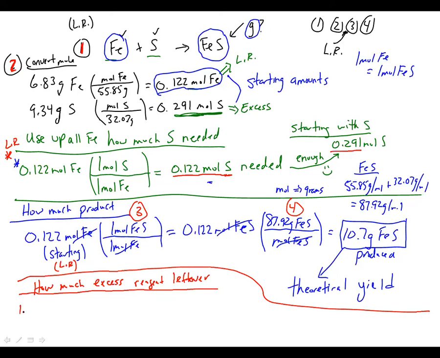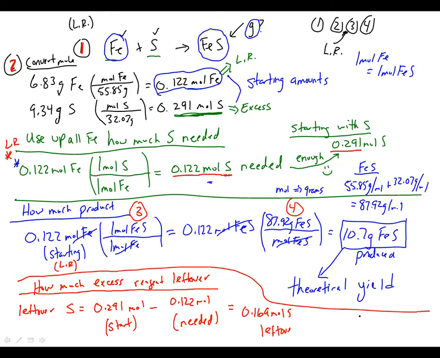So the leftover sulfur would be our starting amount, 0.291 moles, minus how much we needed, which was 0.122 moles. And that would tell us that when this reaction is over, we would have 0.169 moles of sulfur left over.